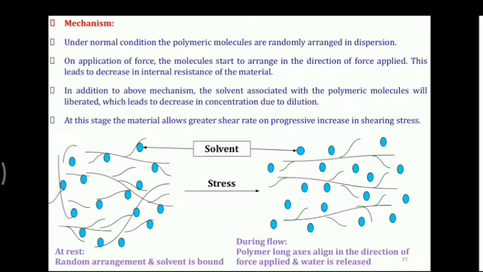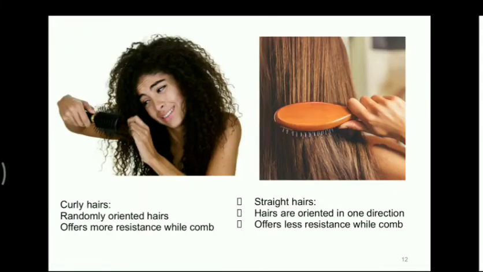So if you increase the shearing stress, the rate of shear will increase significantly. Rate of shear is inversely proportional to viscosity, so as the rate of shear increases, viscosity decreases. That is why the system is called a shear thinning system. So this is all about the pseudoplastic system, the mechanism.